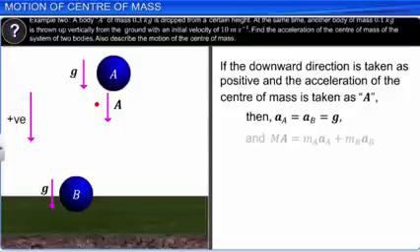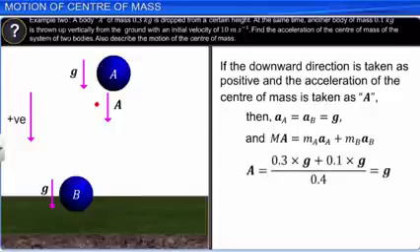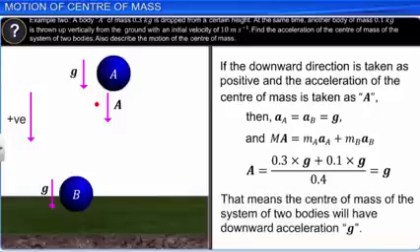And m into a is equal to ma aA plus mb aB. Therefore, a is equal to (0.3 into g plus 0.1 into g) divided by 0.4, which is equal to g. That means the center of mass of the system of two bodies will have downward acceleration g.